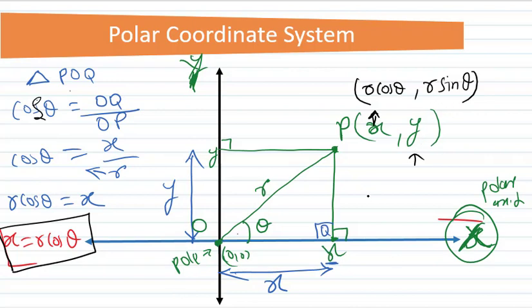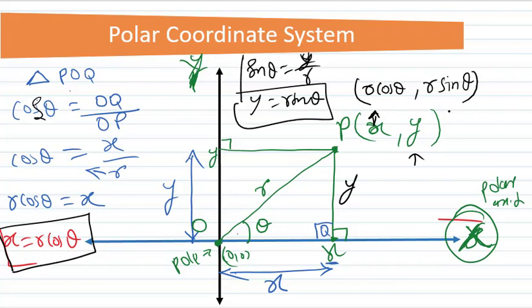The sin theta will be PX upon OP. The length of PX equals the length of OY, which is y. So sin theta will be opposite y upon hypotenuse r. Here I will write sin theta equals y upon r, and y will be equal to r sin theta.